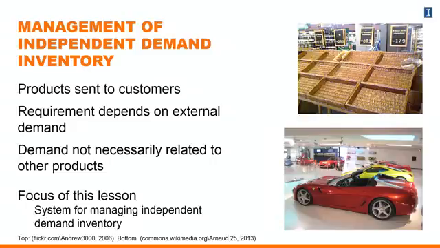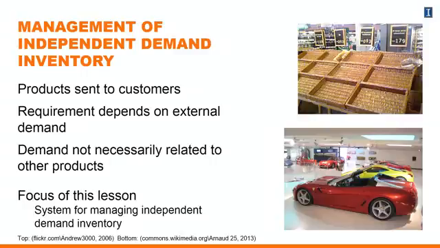What we're going to focus on in this lesson is going to be your independent demand inventory. So it's the inventory of items that you sell to customers. It's the inventory that is coming from outside the organization. And this could be a B2B customer, so you could be selling parts to a car manufacturer, or you could be selling cars as a dealership to ultimate customers.